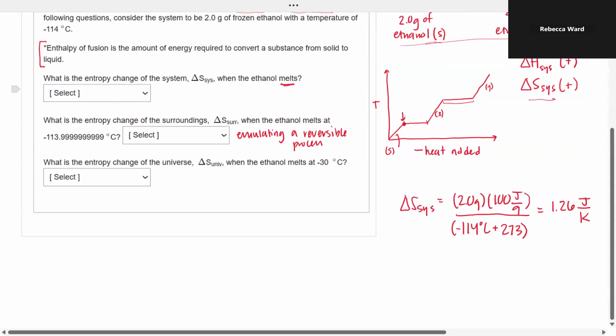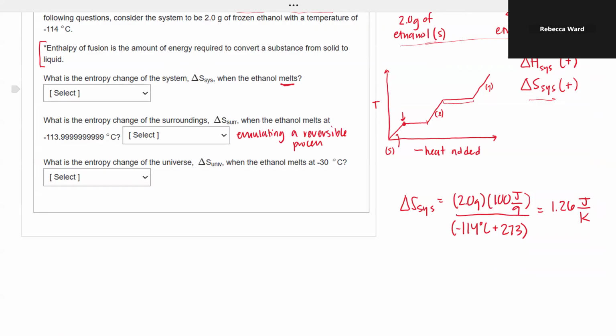Okay. So I'm going to get essentially equal and opposite. The surroundings lost the heat that was needed to melt that ethanol solid, right? And so from the surroundings' perspective, it's equal and opposite in size.